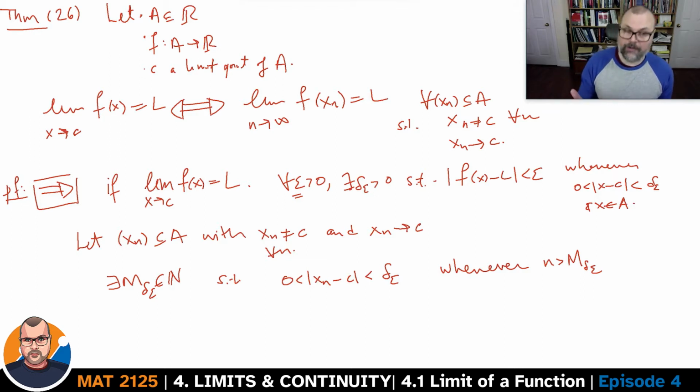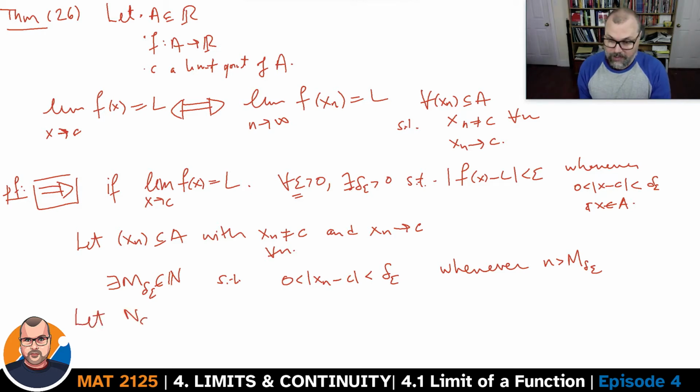That is the definition of xn converging to c. Now this sequence of ours is such that the xn's are never equal to c, so we can also bound the distance below by 0.